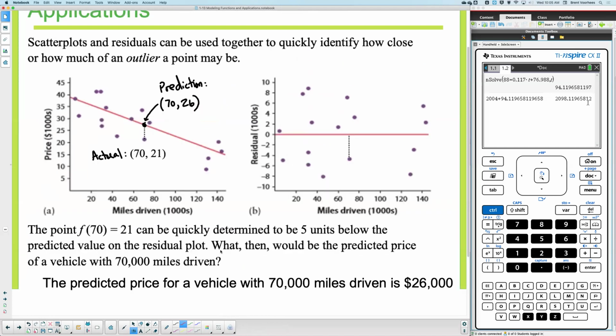Now, what I want to make sure you know is this over here is called a scatter plot. This is a residual plot. So if that's a scatter plot, this is a residual plot. What does that mean? This shows you how far off each value is.